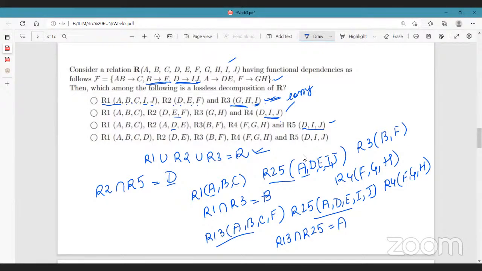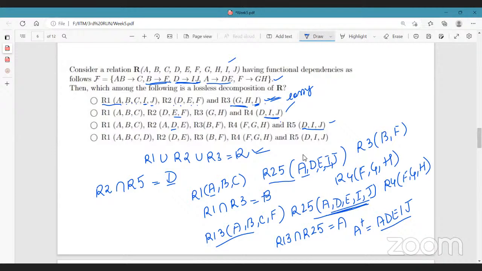So is A the super key? So let's check for A closure. Yes, please, you can volunteer. Yes, it is a super key as A gives DE and then D gives IJ. So by that we can say that it is a super key in this particular relation, right?